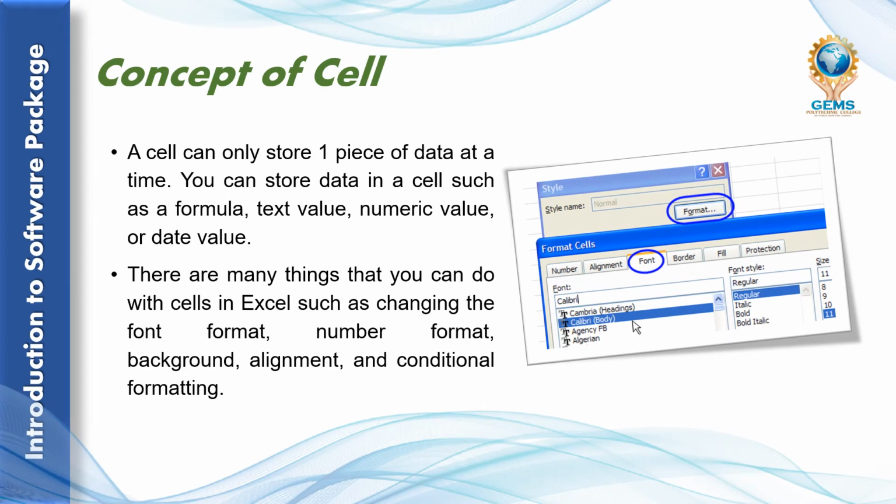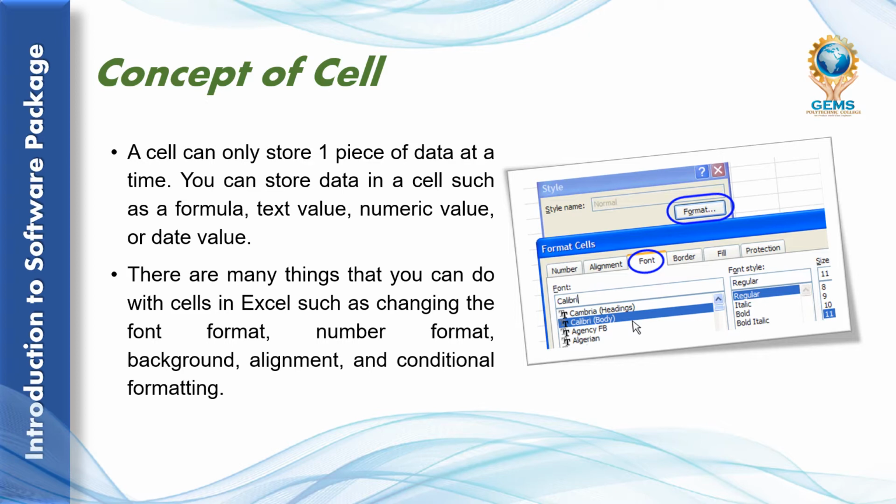Here, a cell can only store one piece of data at a time. So you can store data in a cell such as a formula. You can use a text value, string, numeric value, or date value.